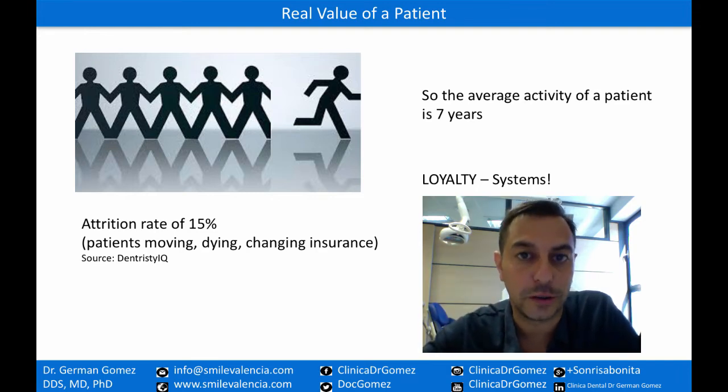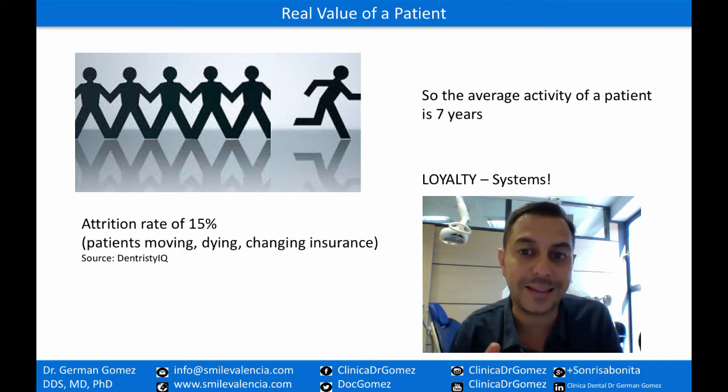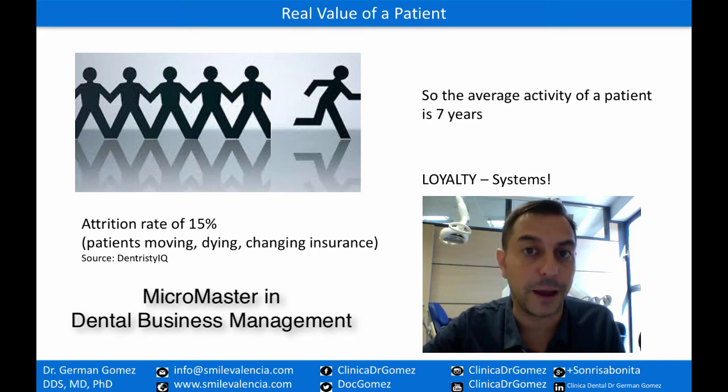That's why you should implement a loyalty system just to make these years longer and longer. You can make out of 7 years 20 years, and then all of a sudden his value is much higher. Okay, loyalty systems are described in the MicroMaster of Dental Business Administration.